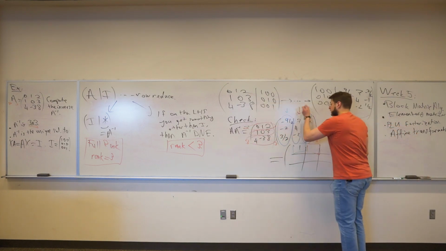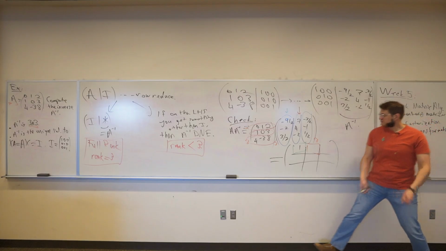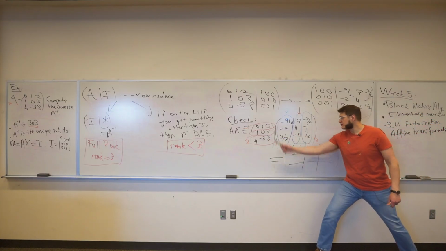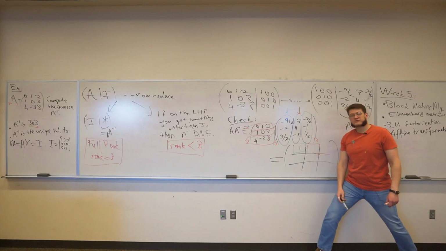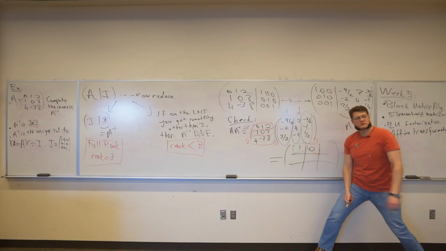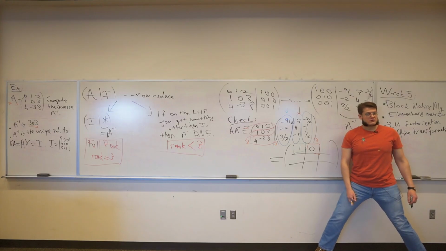This against this. Okay? 0 times 7 is 0. 1 times 4 is 4. 2 times minus 2 is minus 4. In total, it's going to be 0. Okay? Make sense?